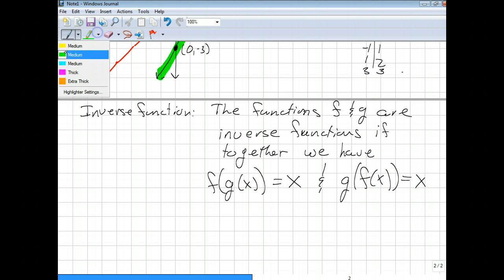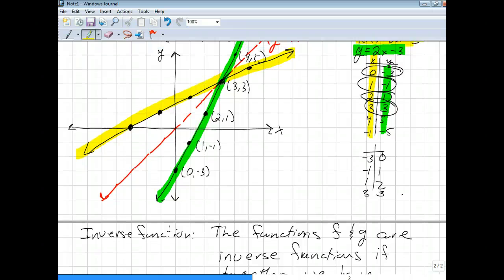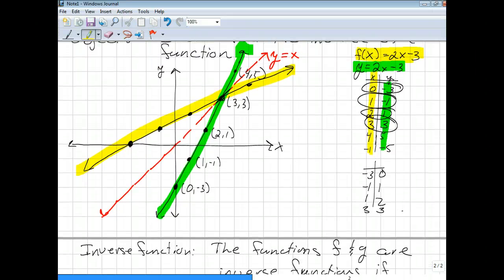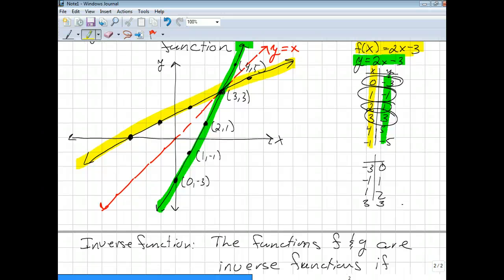So we use this form to prove that we have inverse functions. And remember, from our graph, inverse functions are mirror images of each other. Really, all that happens is that the x and y's are switched.